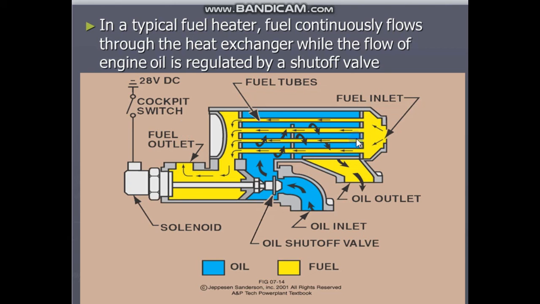As we see, on a large transport aircraft with a turbine engine like the V2500, there is an element called the fuel-oil heat exchanger, and this will heat the fuel as we see in this figure.